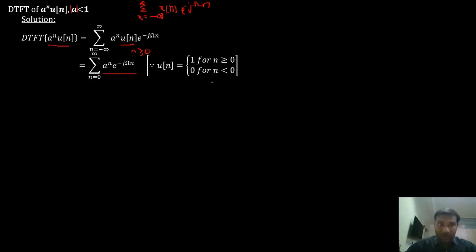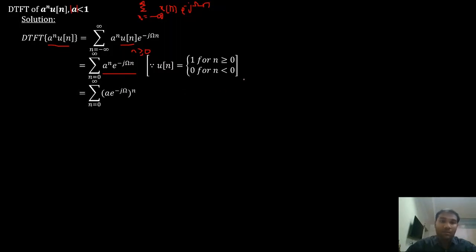Now this I can write as a into e power minus j omega, whole power n, right? a power n e power minus j omega n can be written as a into e power minus j omega whole power n.